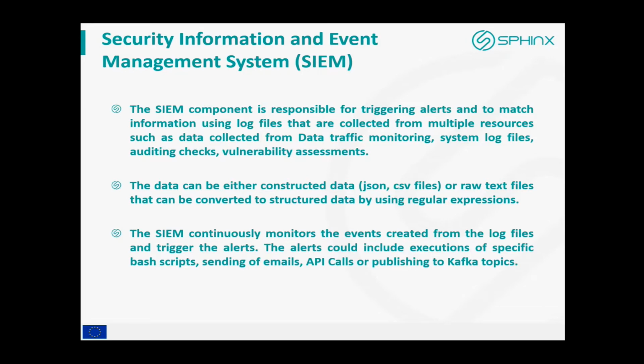The data can be structured, meaning JSON files from log files or CSV files, or it can be even raw text files. If there are unstructured text files and there is a symmetry inside these text files, this can be parsed on the SIEM by using regular expressions.